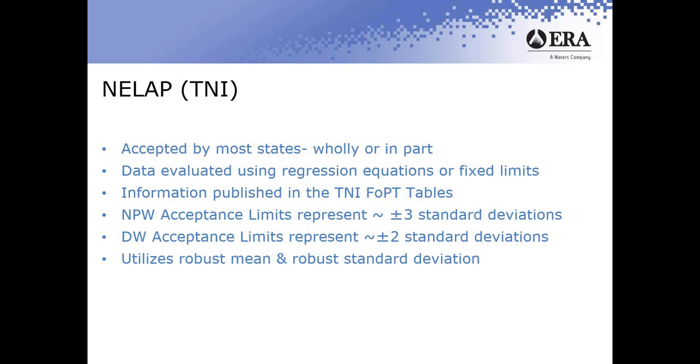Let me talk a little bit about the NPW, or non-potable water acceptance limits. On PT reports, these will represent an approximately plus or minus 3 standard deviation evaluation interval. For drinking water, it's plus or minus 2 standard deviations. And with enough data points, they utilize robust mean and robust standard deviations for the statistical evaluation.